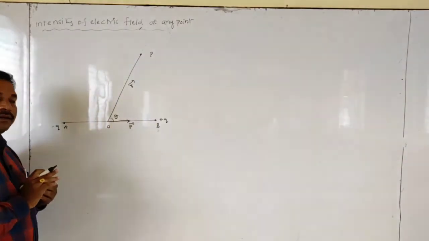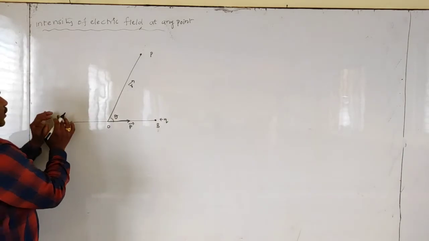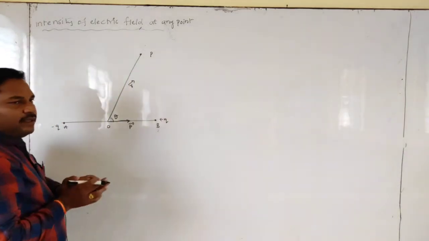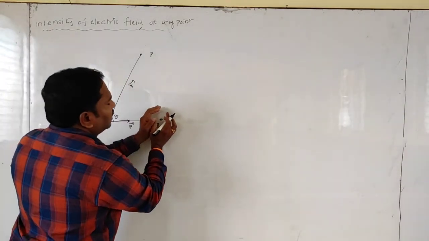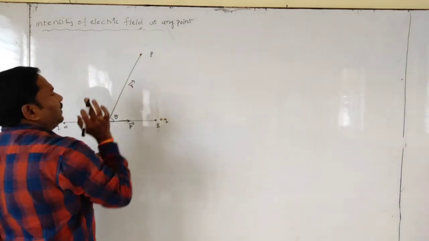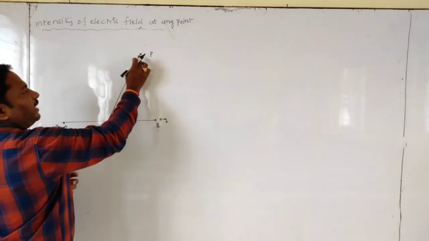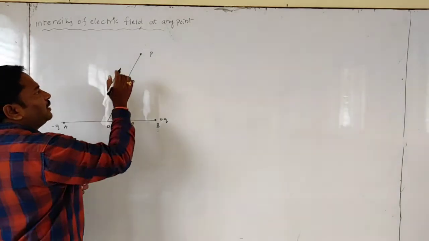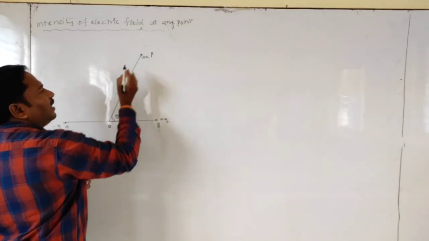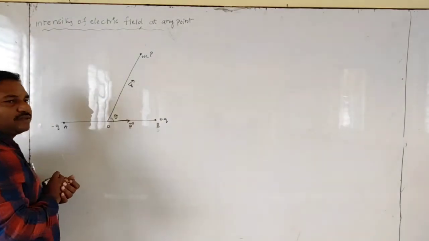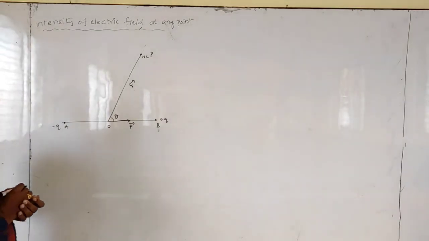Now we are going to find the intensity of electric field due to minus q at point P, and due to plus q at point P. In order to find the intensity of electric field at point P, we place a unit charge, plus 1 coulomb. So then what happened?